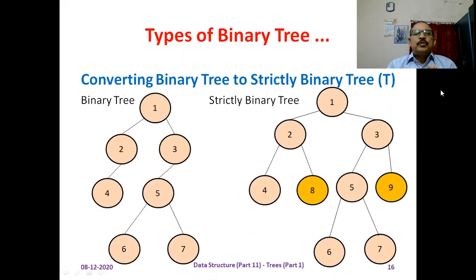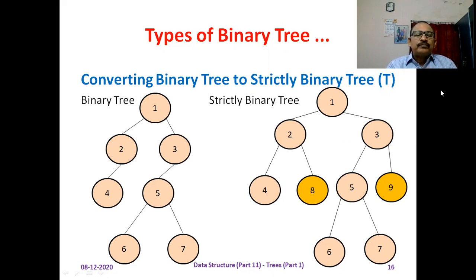Next topic is converting a binary tree to a strictly binary tree. Each node in a binary tree, we already know, has 0, 1 or at most 2 children. But in a strictly binary tree, each node has either 0 children or 2 children. Now, how will we convert a binary tree into a strictly binary tree?